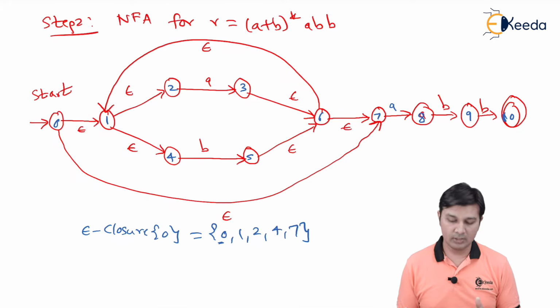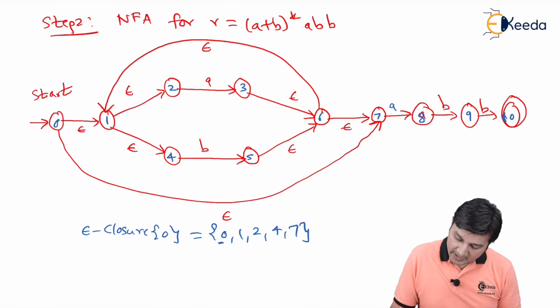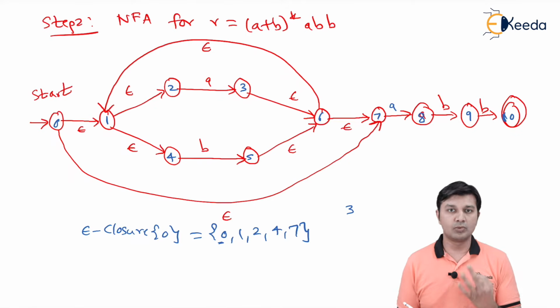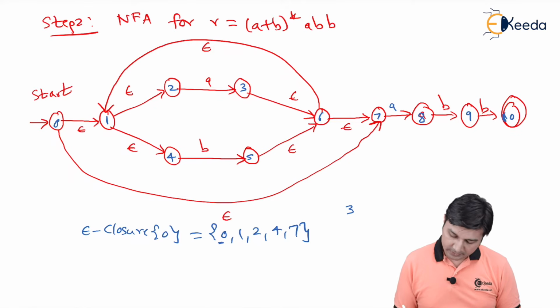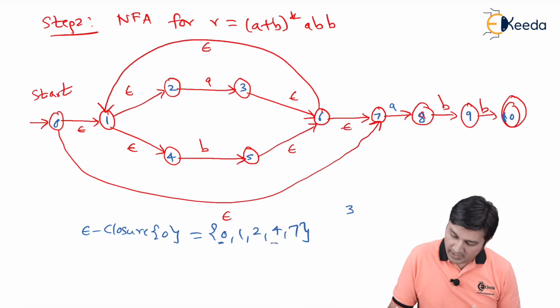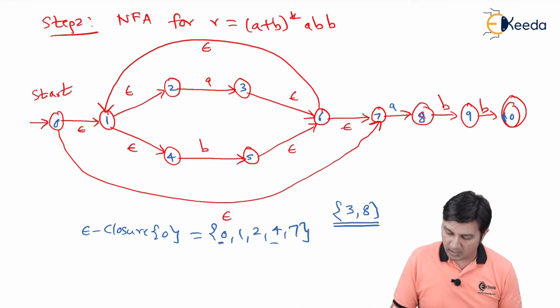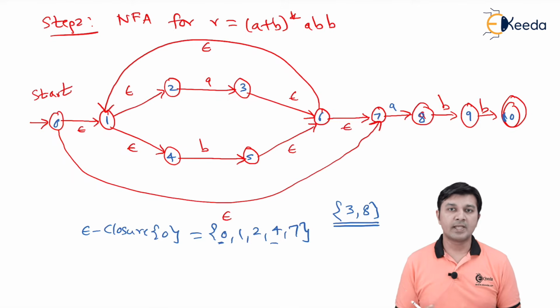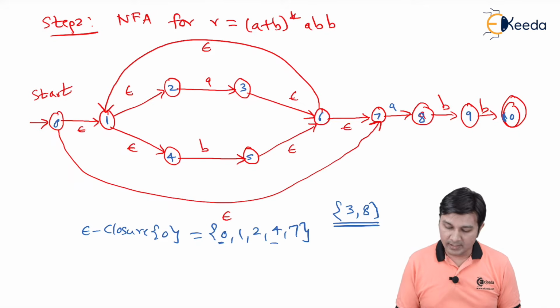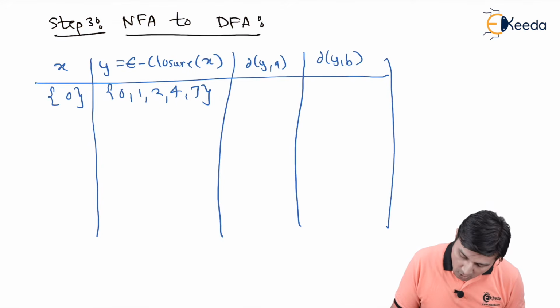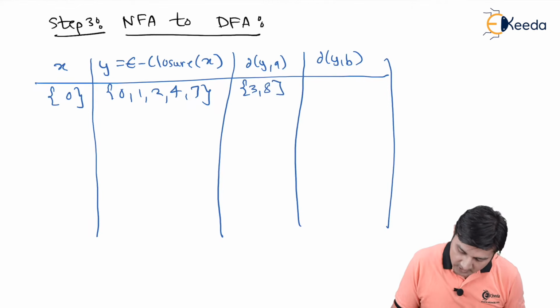Still not going anywhere. 2 on A, yes, I can see that it is going to 3. Then 4 on A is going nowhere. 7 on A is going to 8. So that accounts for 3, 8. That is nothing but Y on receiving A. So now we are going to include that in the table. So I say Y on A is going to be 3, 8.